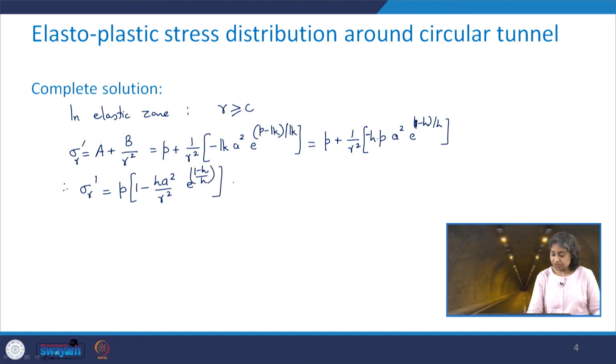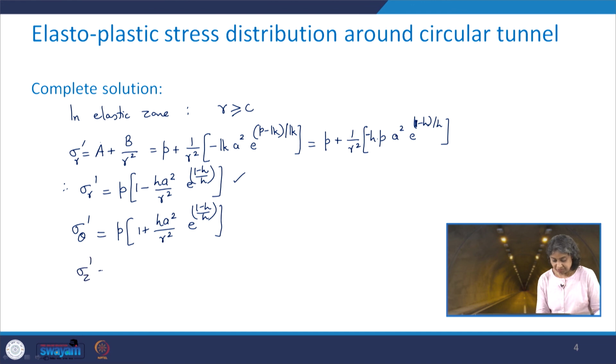So, this is what is going to define the radial stress in the elastic zone. Coming to sigma theta prime, this is going to be P times 1 plus h a square upon r square e to the power 1 minus h upon h.